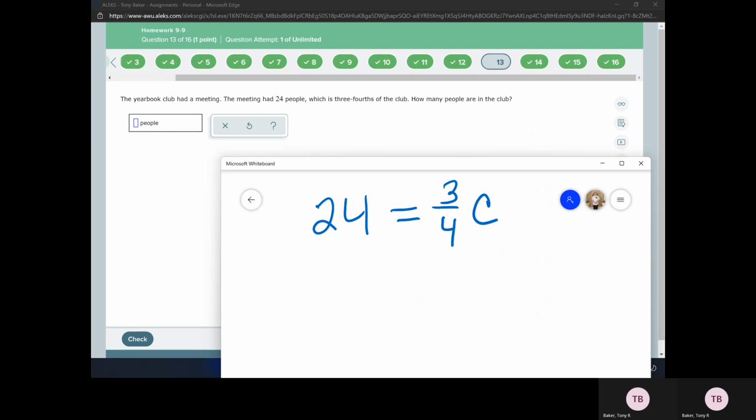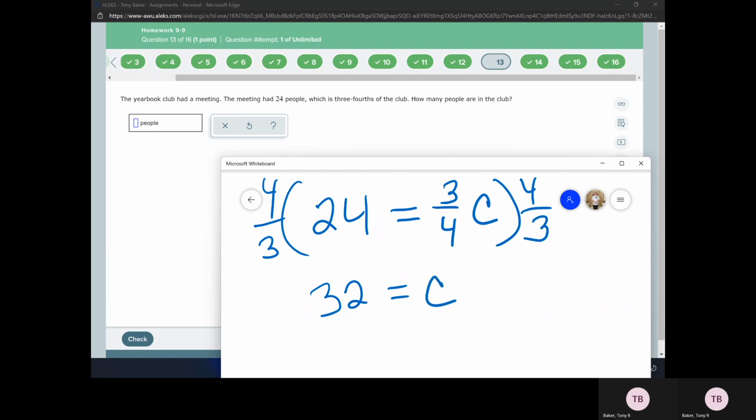So we have to get rid of 3/4. We're going to do exactly what we did in the other problem. We're going to multiply by the 4 over 3. So what's 24 divided by 3? 8. 8 times 4? 32.